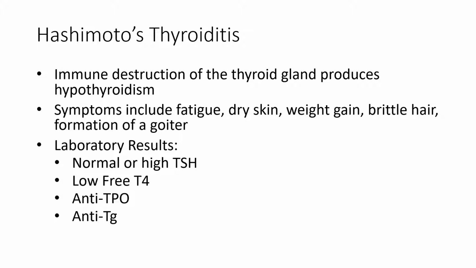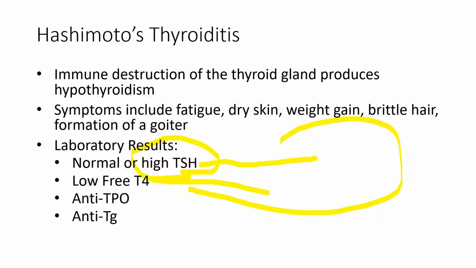And if you have low T4, then it would make sense that you tend to have a higher thyroid stimulating hormone in place, trying to kickstart or increase T4. Antithyroid peroxidase antibodies and antithyroid globulin are present.